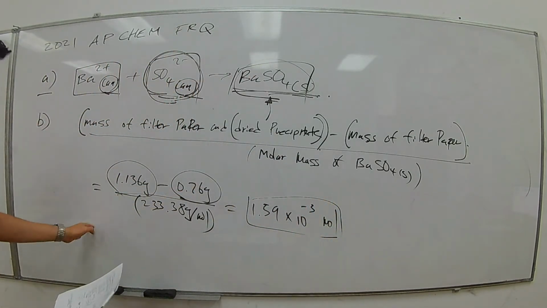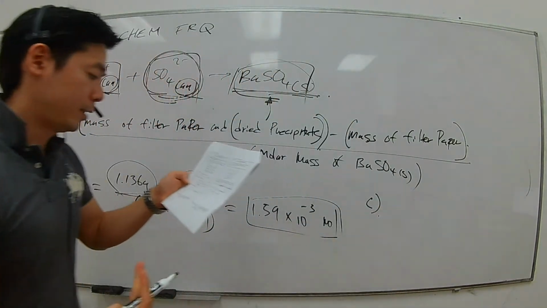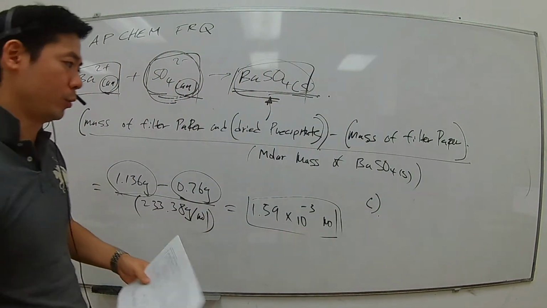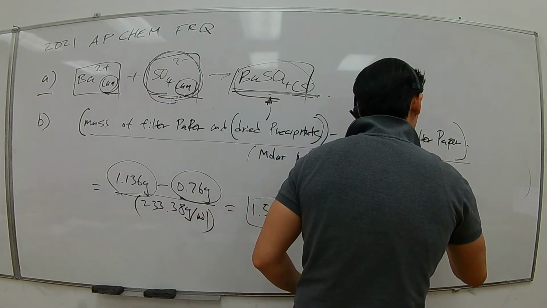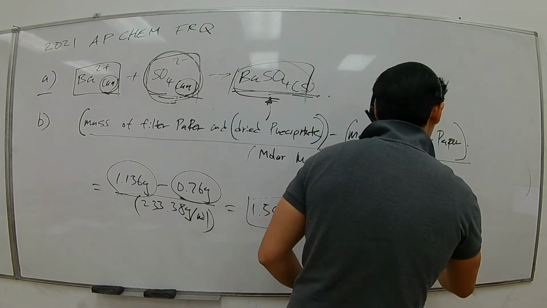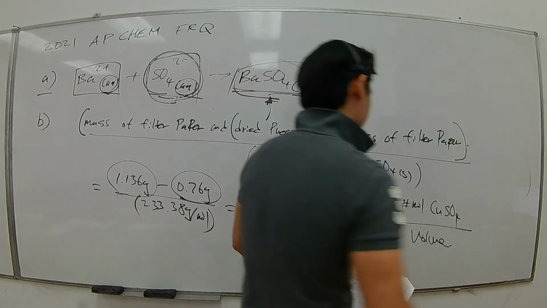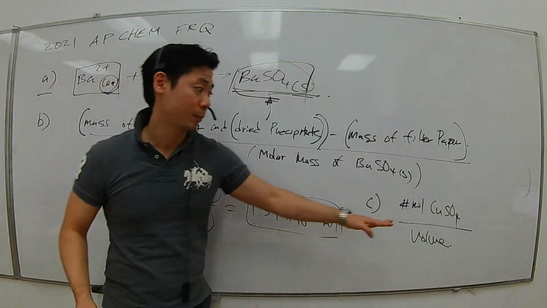So now, part C, right? I'm going to write it here: they're asking for the molarity, which is equal to the number of moles of copper sulfate divided by the volume. Because we understand that, guys, that will be the number of moles of copper sulfate.